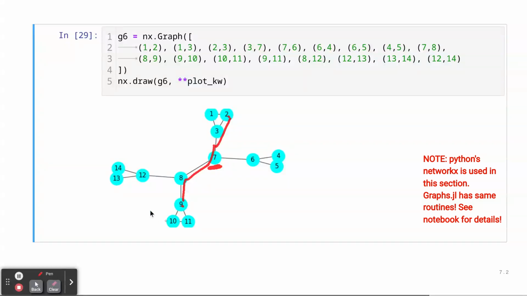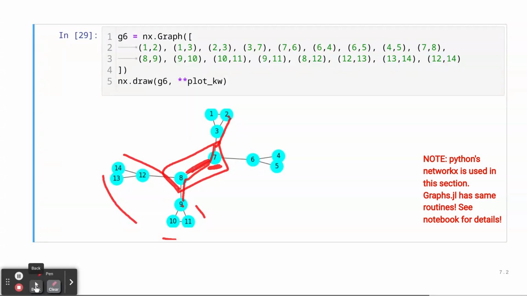And that would be true for any node over here on this left half. If we started at 9, 10, 11, 12, 13, 14, and we ended at any of 1, 2, 3, 4, 5, 6, all the shortest paths have to go through this edge right here between 7 and 8. That's why the betweenness centrality score is so high for this edge between 7 and 8.